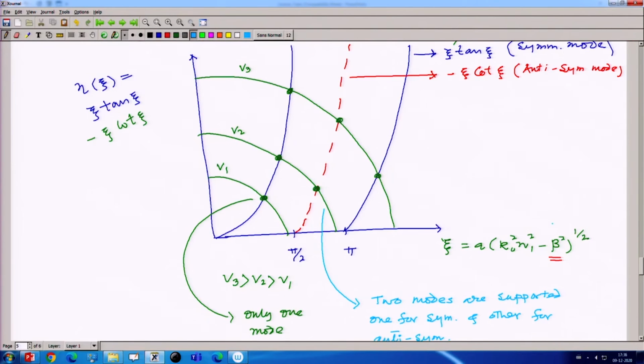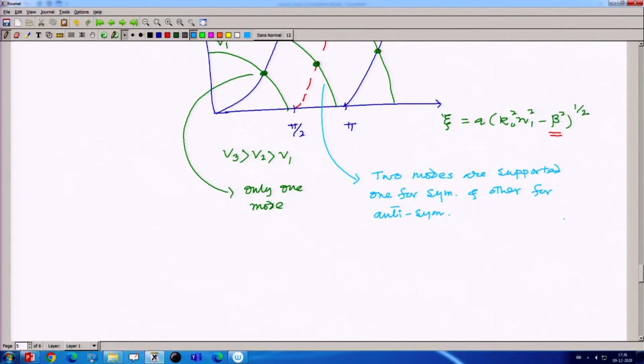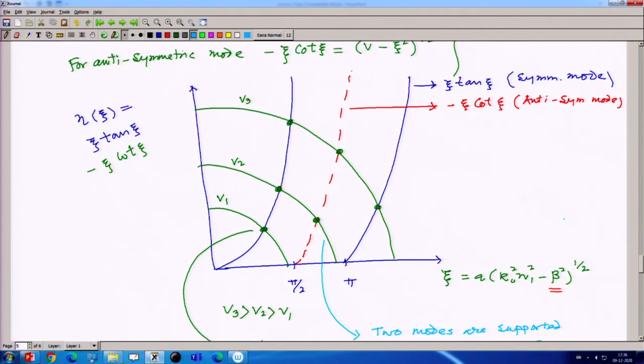And also for V3 I have three solutions, two for symmetric and one for antisymmetric and so on. So, with this curve I can map the number of modes, and not only that, I can also have the value of beta. In all cases I have the value of beta, and once I have the values of beta, then I know the propagation constant of the mode that basically characterizes the mode.